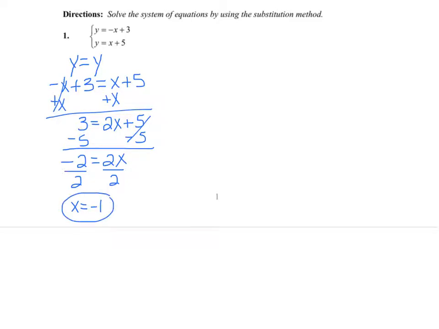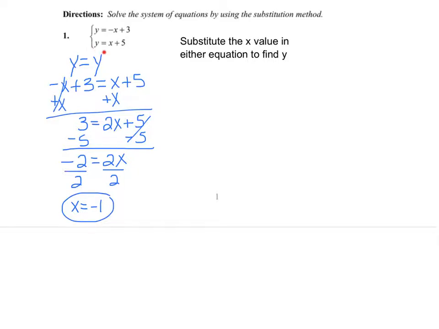Now we found x, but we also want to find y. To find y, we're going to substitute our x value into one of the equations. Either one, it doesn't matter which equation.